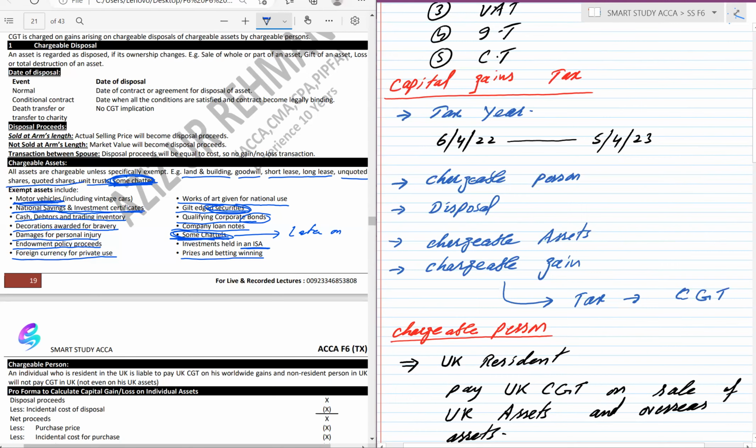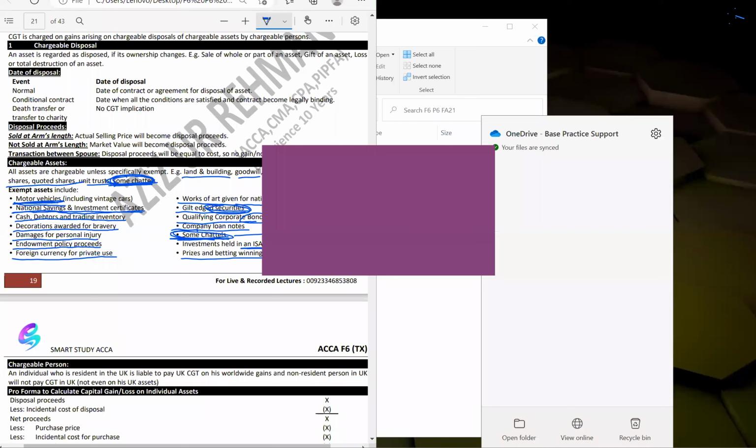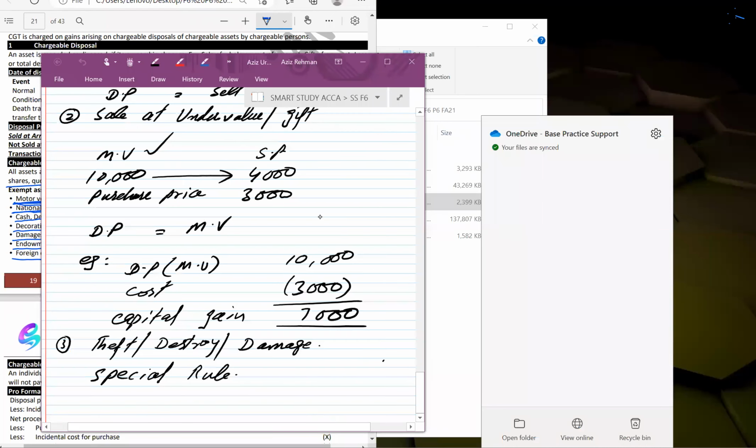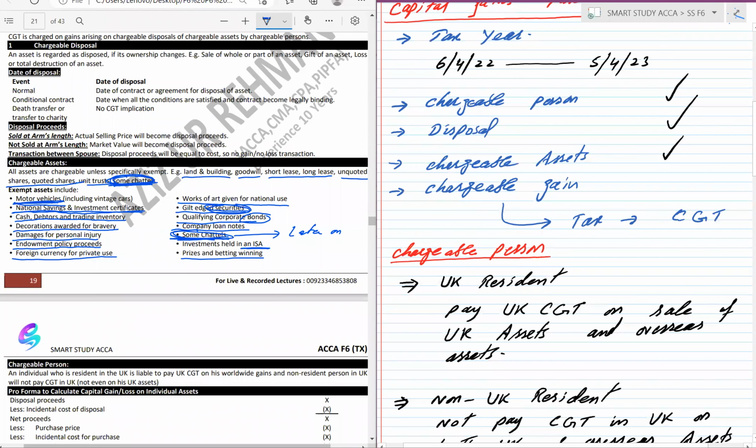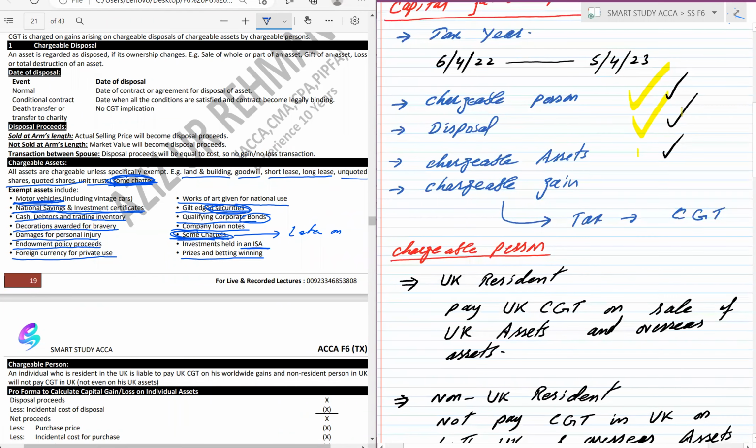Capital gains tax will arise, we will pay capital gains tax, when a chargeable person makes a disposal of chargeable assets. Capital gains tax will be payable when a chargeable person makes a disposal of chargeable assets.